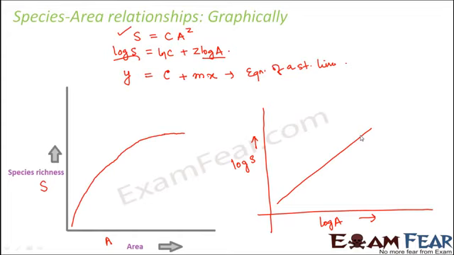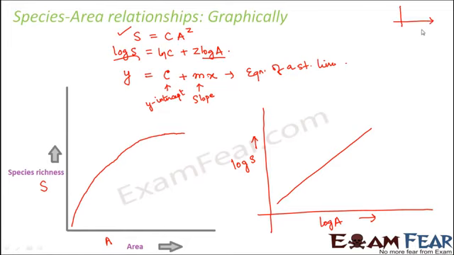Now in the general equation of a straight line, what is m and what is c? m is nothing but the slope of the line, and c is nothing but the y-intercept. I hope you have learned this in your mathematics, but in case you have forgotten the equation of a straight line, let me quickly remind you. Let us suppose this is your plot.